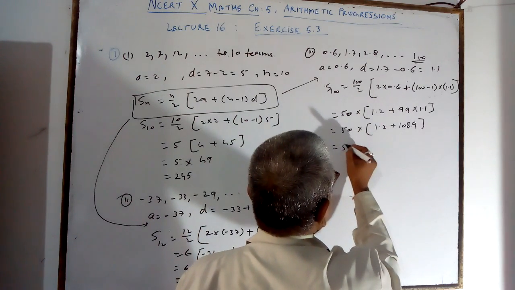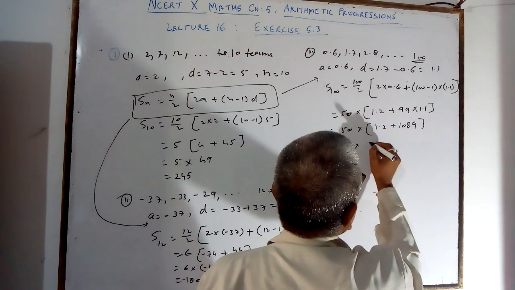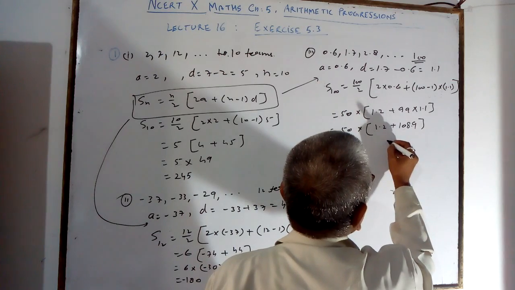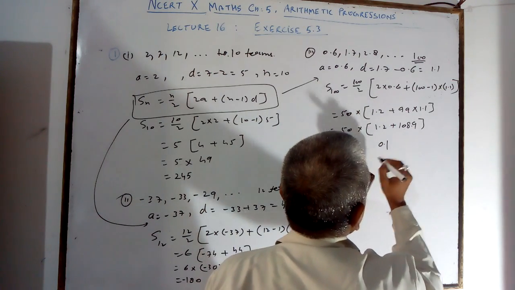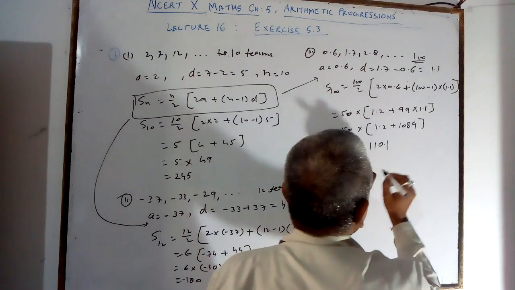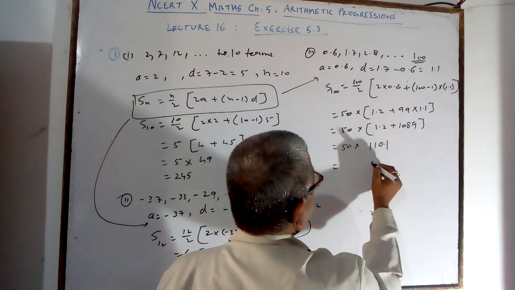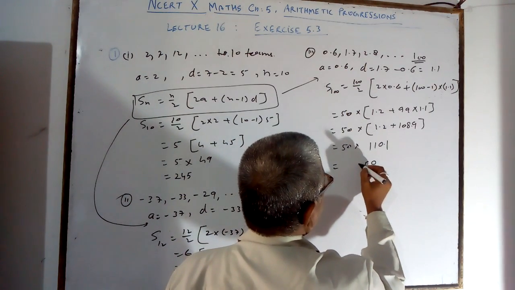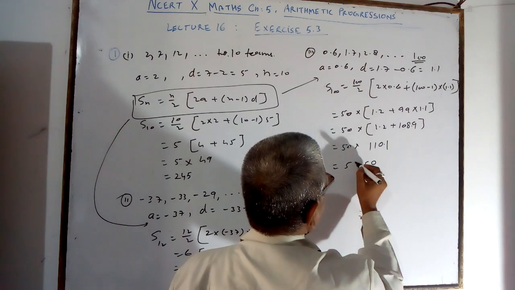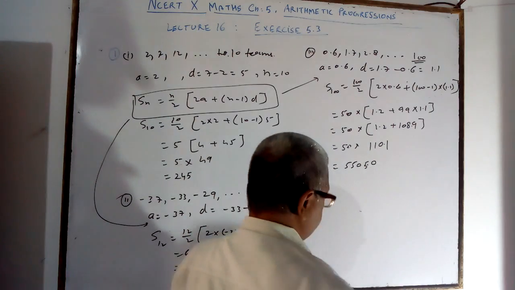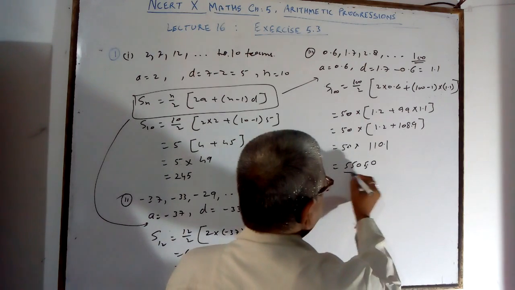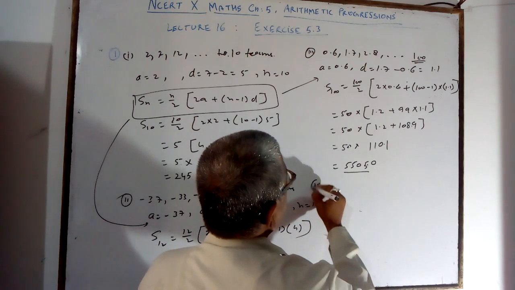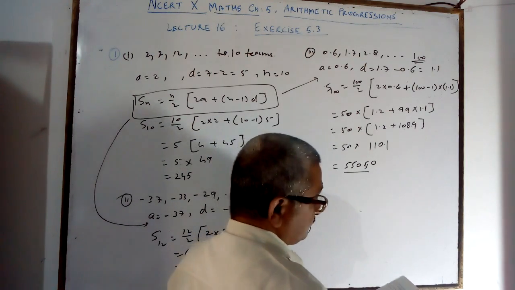So what will you get? 50 into (1.2 plus 108.9), which is 110.1. So you will get 50 times 110.1, which is 5505. Your answer is 5505.